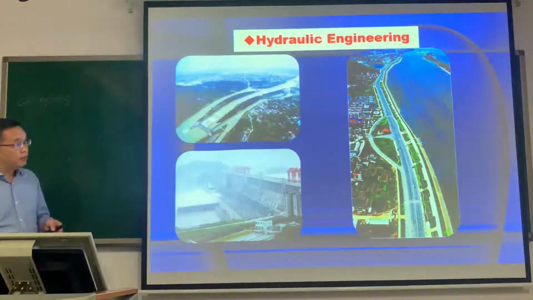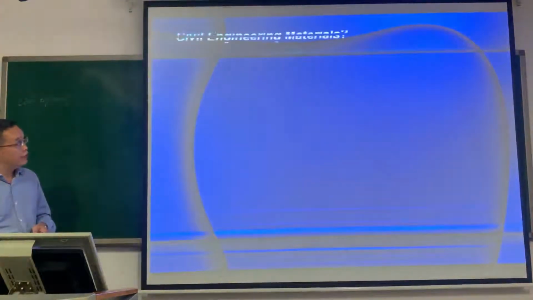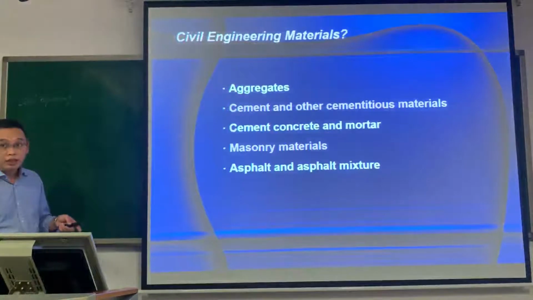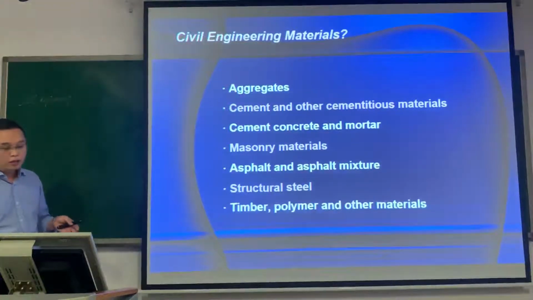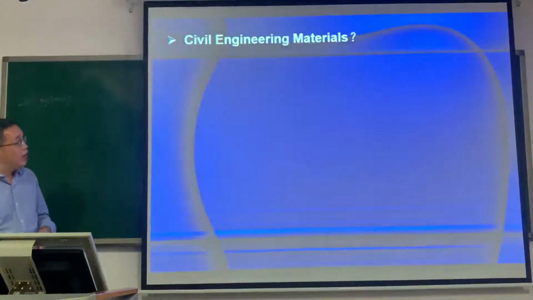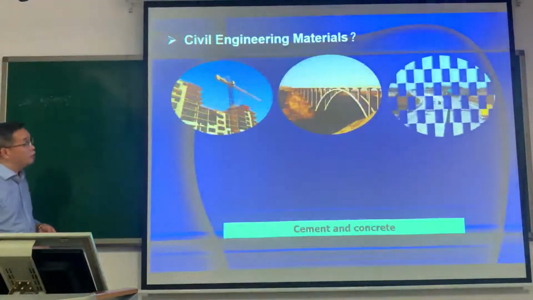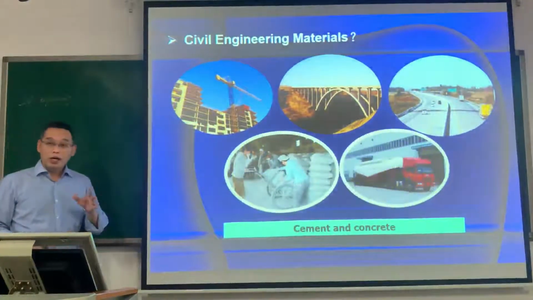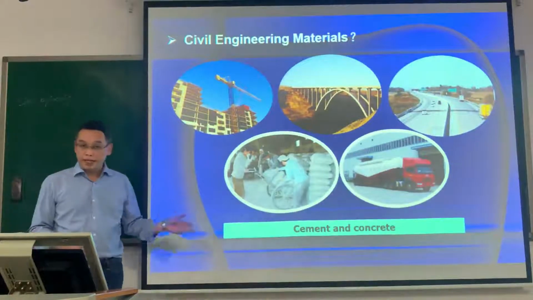In these materials, we can find the aggregates, the cement and concrete, steel, and asphalt. And for this kind of civil engineering materials, the first one we have learned is about the cement.